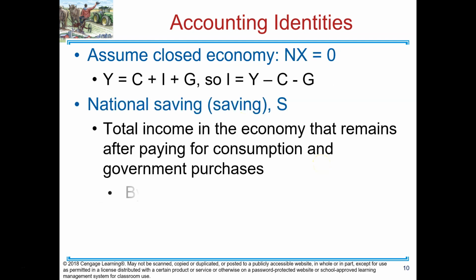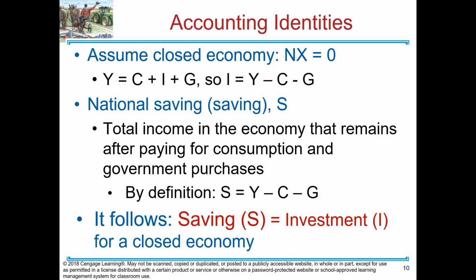To start, we're going to assume that it's a closed economy, which means it doesn't have any relationship with the rest of the world, which is kind of a weird assumption, but we're going to assume that the country is isolated. This means we are not exporting anything to other countries, and other countries are not exporting to us, which means our imports are zero, our exports are zero, so net exports is zero.